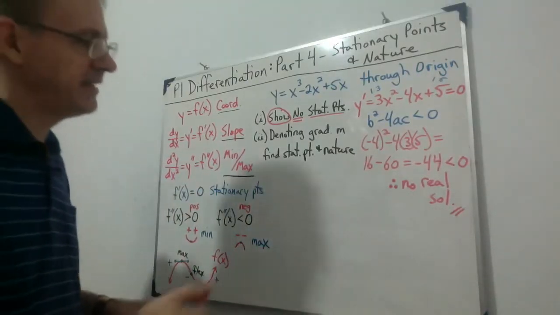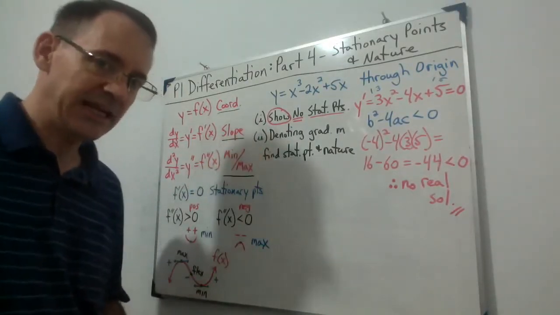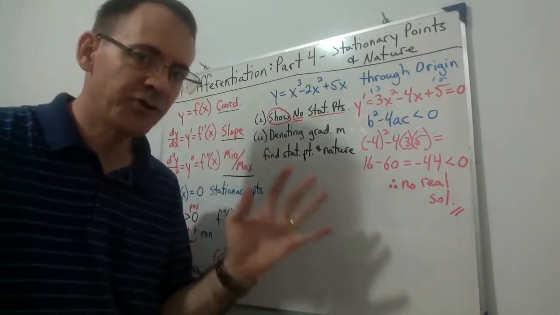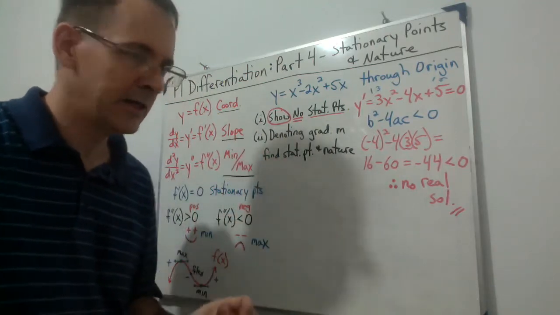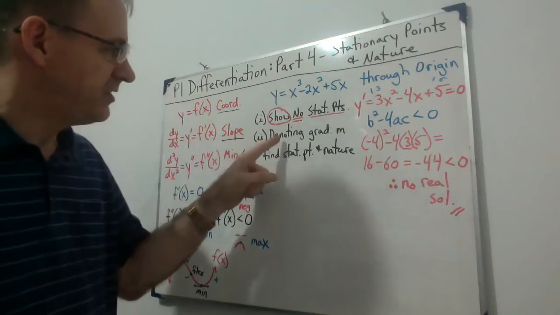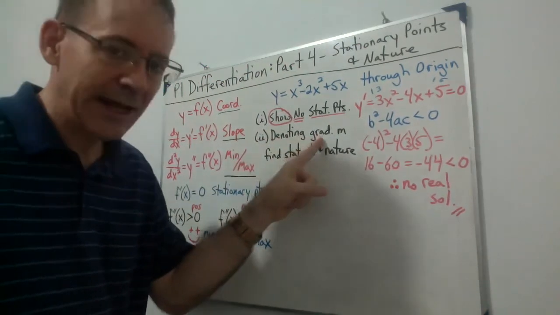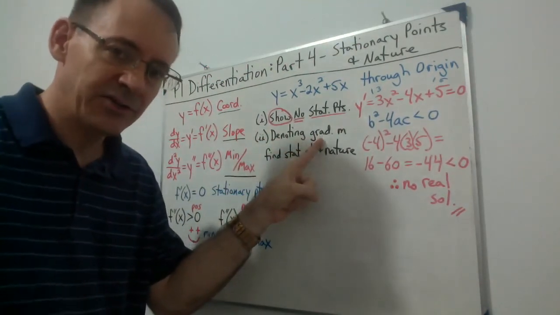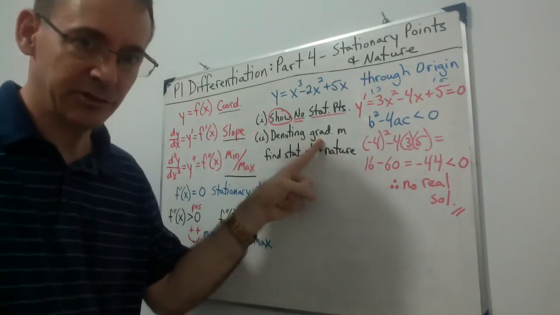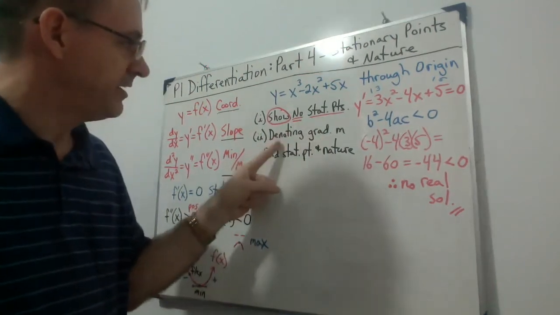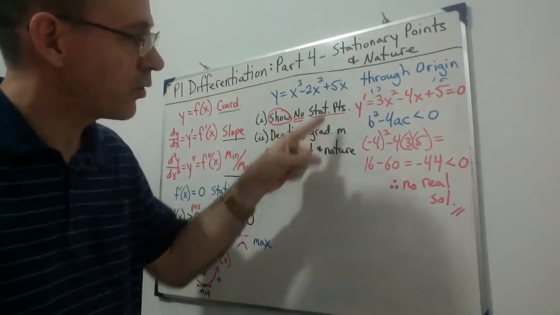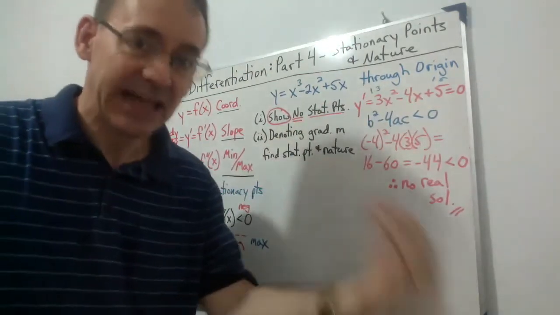Now it makes an interesting statement here. You have to pay close attention to the wording. It says denote the gradient. The gradient is what I call slope. Some of you use the term gradient. Denote the gradient or the slope as m.